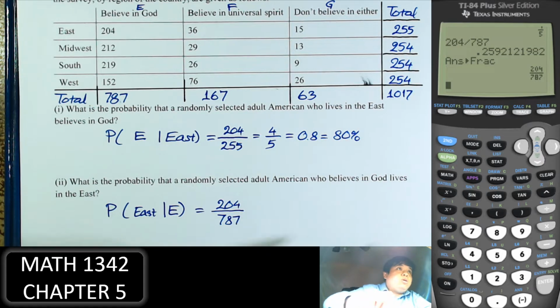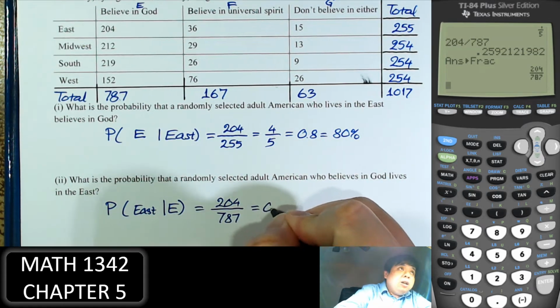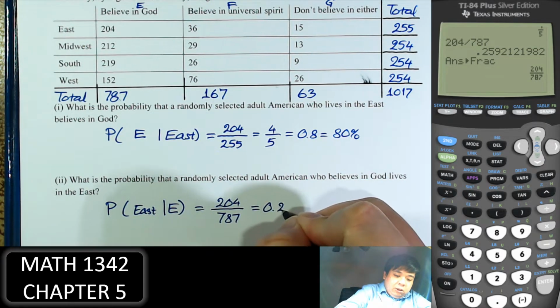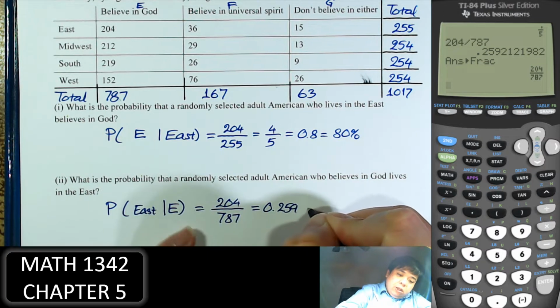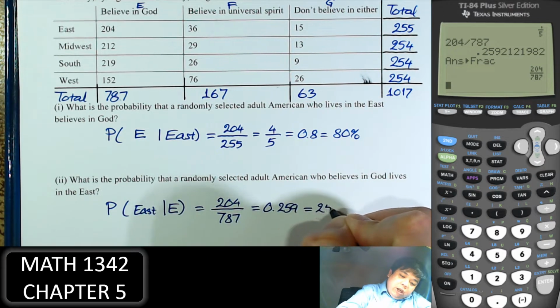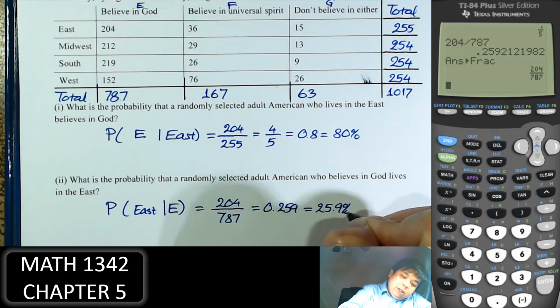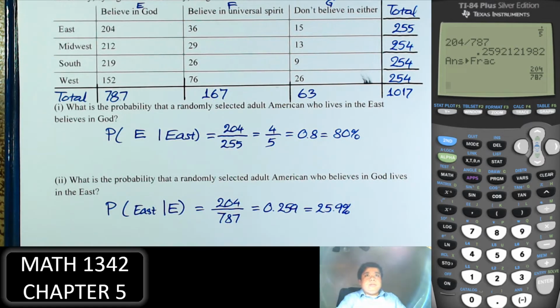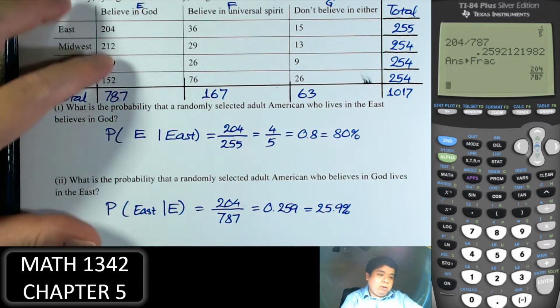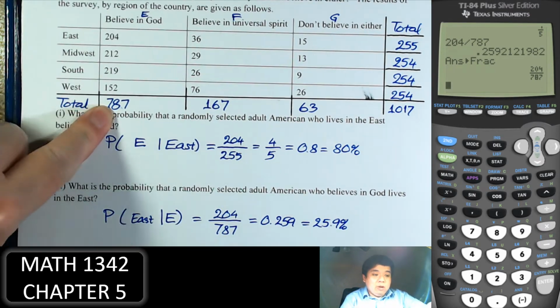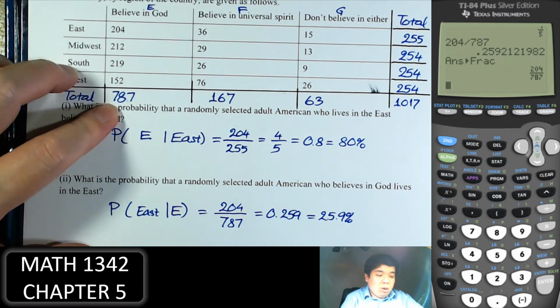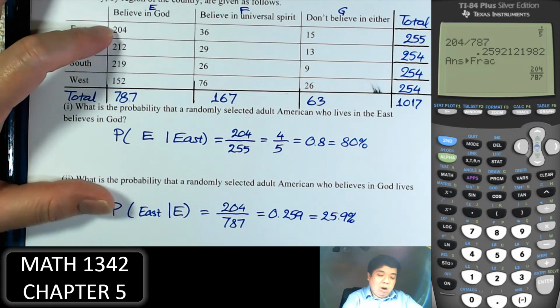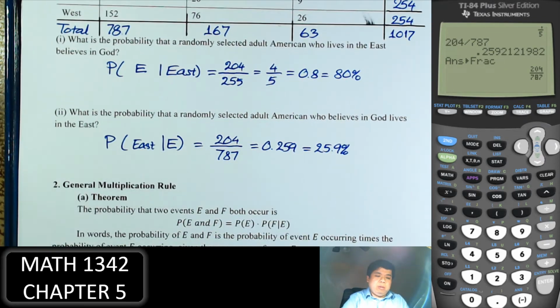So actually we cannot reduce it. So that is 25.9%. Right, so it's important to have the total, and then we just look for out of those how many in that total belong to a certain category. So that's pretty much it.